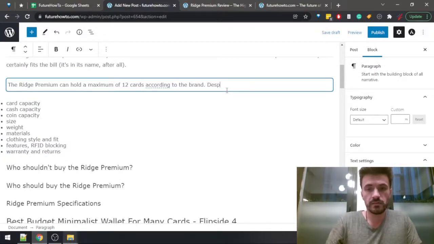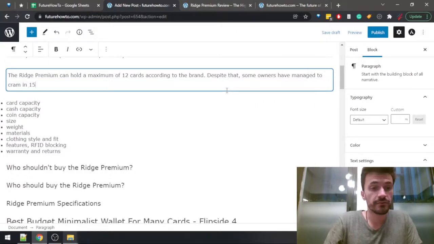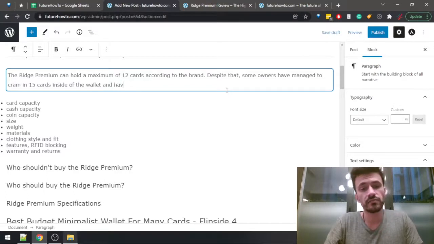Despite that, some owners have managed to cram in 15 cards inside of the wallet and have still found it useful.